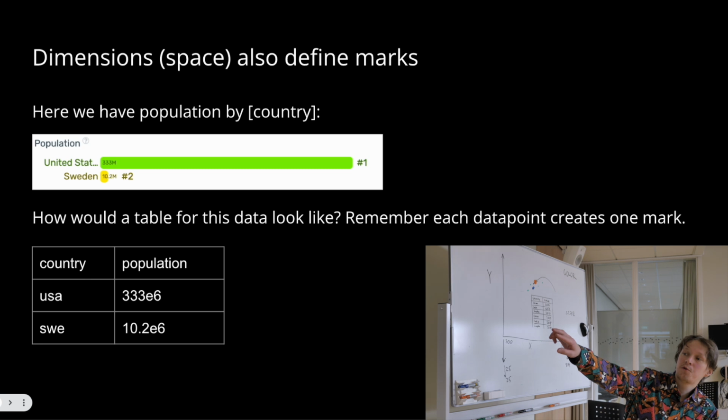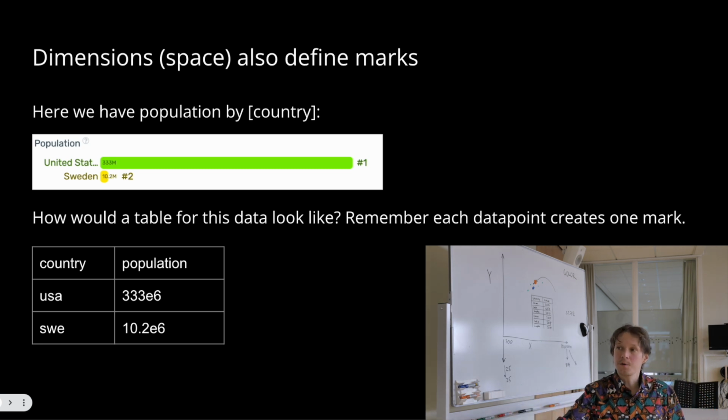Here I have two population numbers, one for USA, one for Sweden. What can I do with these two numbers? I can show you two bars. Can I show you a line chart from this data? No. Can I show you population pyramids from this data, like age groups and stuff?